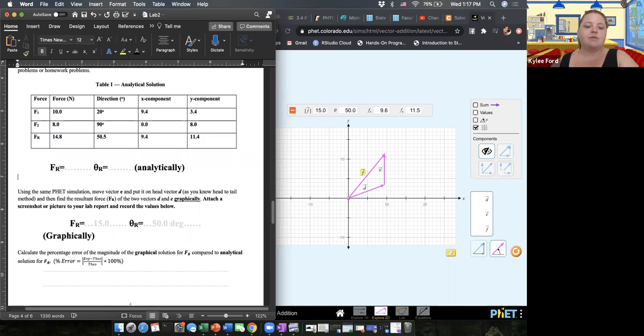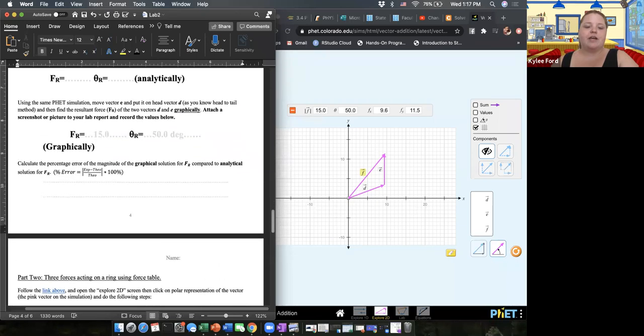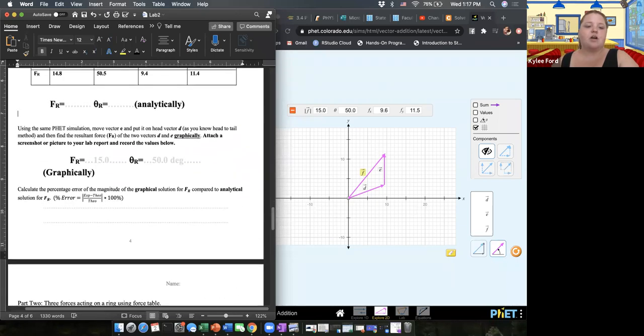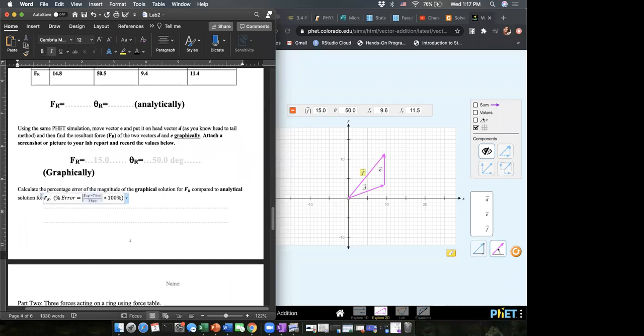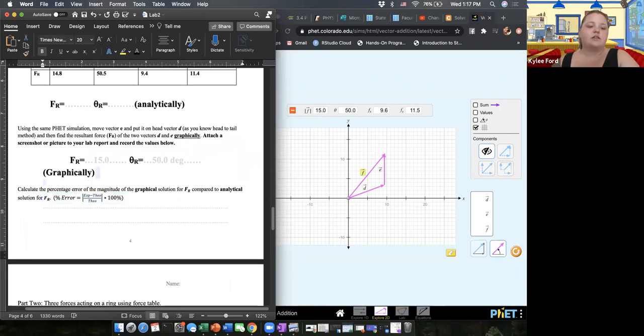And the main purpose of that is to compare our values. So then you'll go down here and you'll calculate your percentage error, which is here. So your experimental would be graphically, and your theoretical number would be analytically what we got.